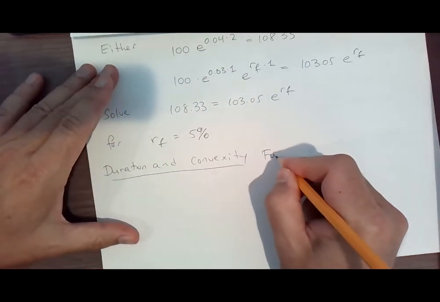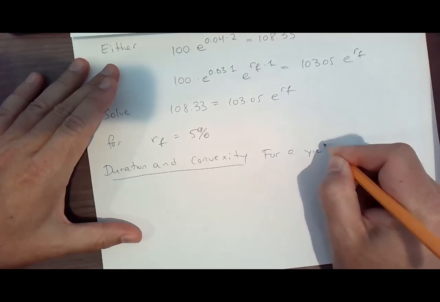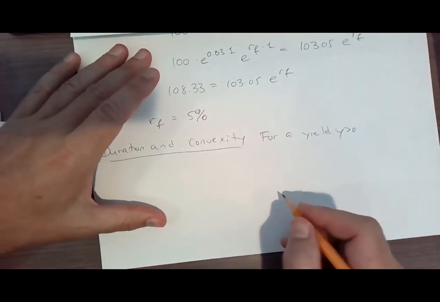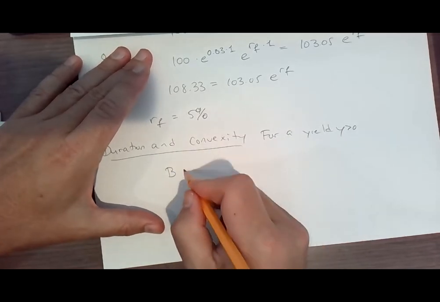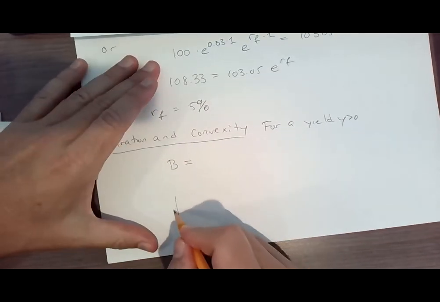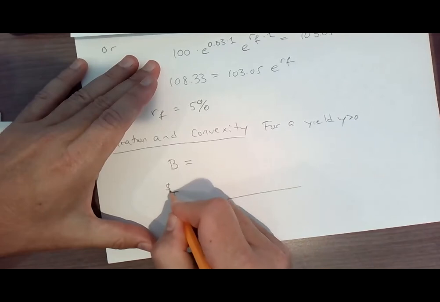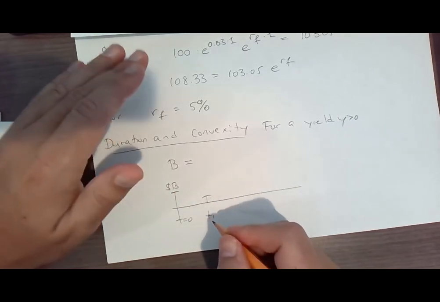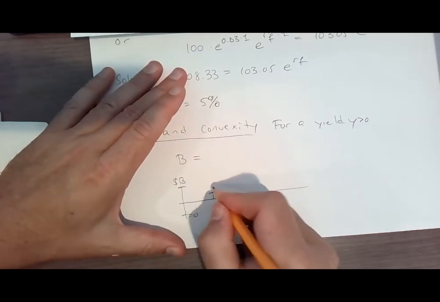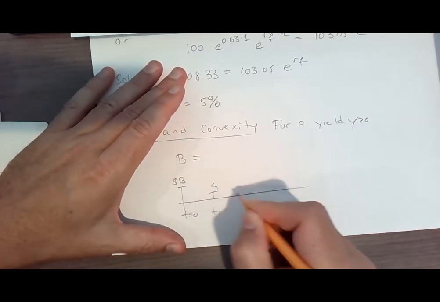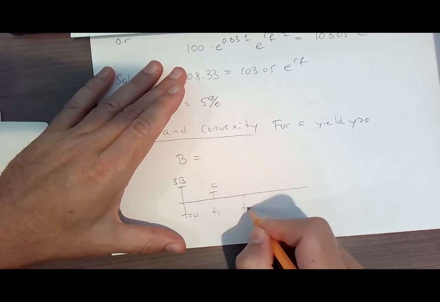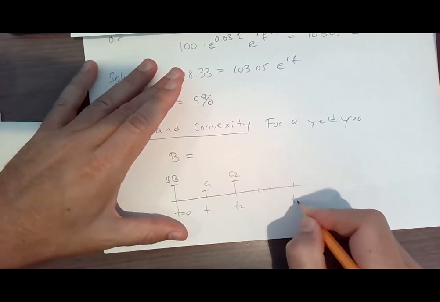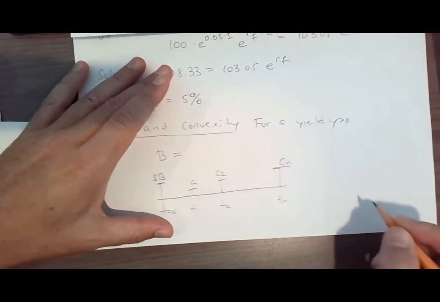For a yield, we're looking at not necessarily risk-free bonds, but for a yield, we will have that the bond price is equal to, so the picture is, here's where we have B. This is at time 0, and then at time T1, you'll have a coupon payment, C1, at time T2, you'll have another one, C2, and so on, all the way down to the end. You have a TN, and there'll be some CN payment.